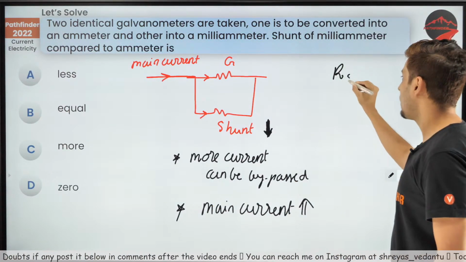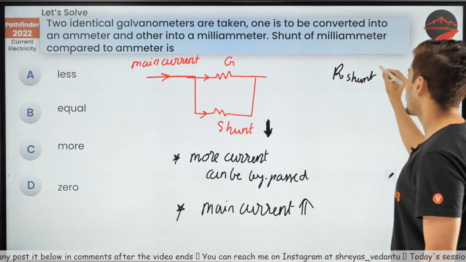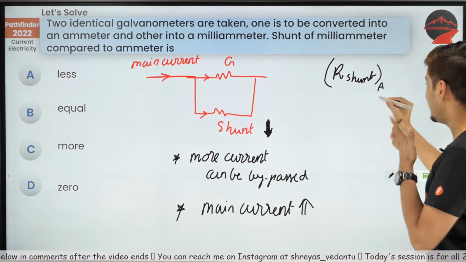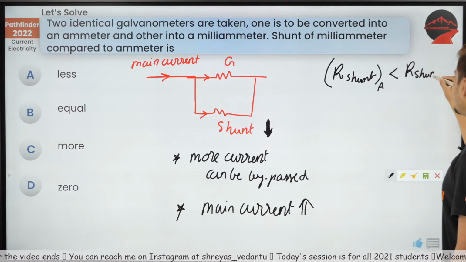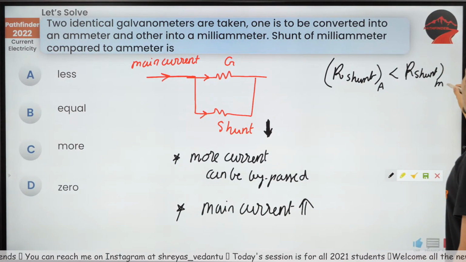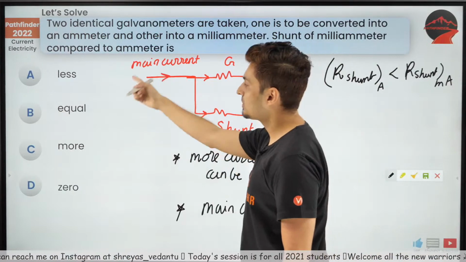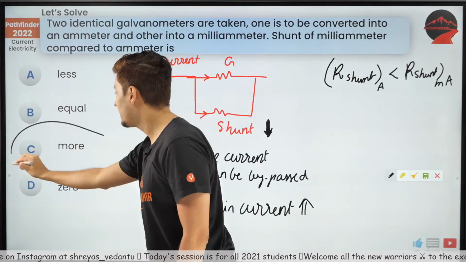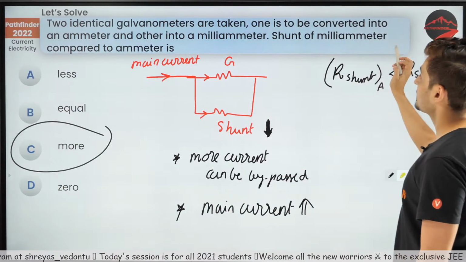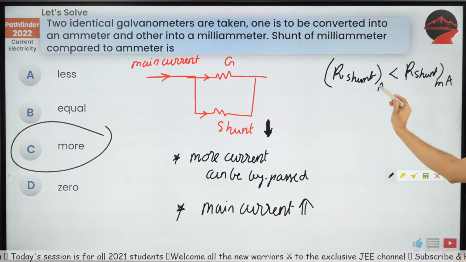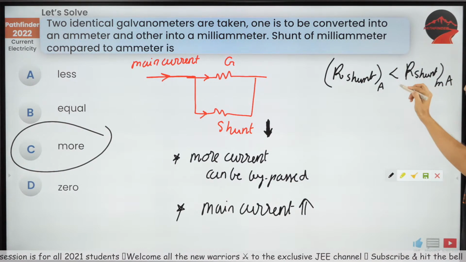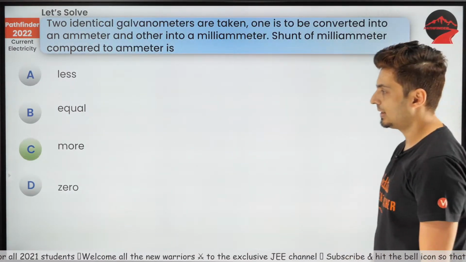So the resistance of the shunt for an ammeter is less than the resistance of the shunt of the milliammeter. So hence, what should be the answer? It should be more. The resistance of the shunt of the milliammeter is more than the resistance of the shunt of the ammeter. You can see that it's more. Yeah, that's the answer, guys.